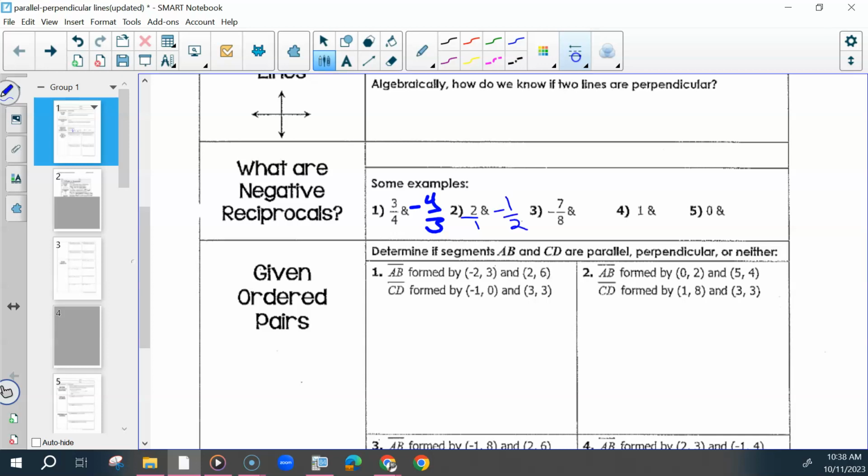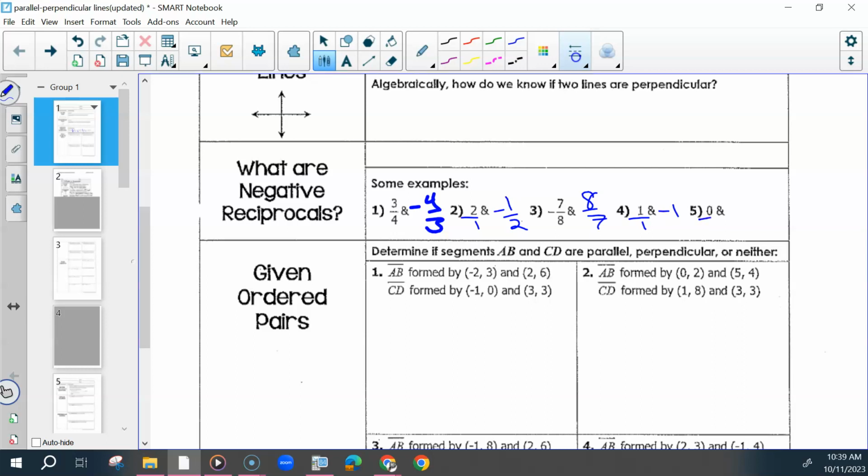Negative 7/8. What would the negative reciprocal of that be? 8/7. So flip it and make it positive. The negative reciprocal of 1. -1. It's going to simplify, but it's going to be -1.